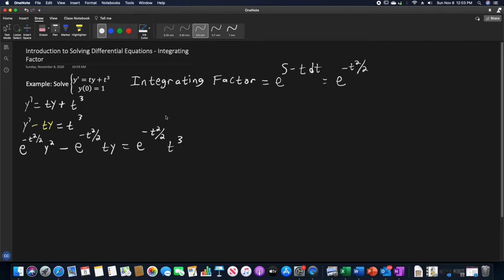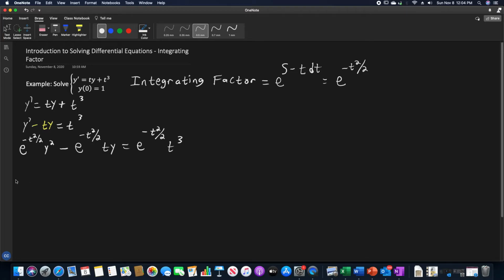Then we see here on the left side first, we could simplify that slightly, because judging based upon the way that this looks, this left-hand side looks like we have the product rule. When we take the derivative of a particular product, we would get this particular answer.